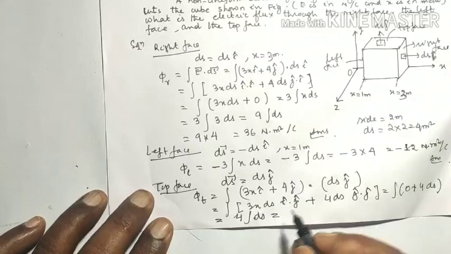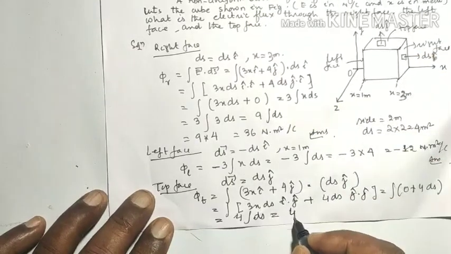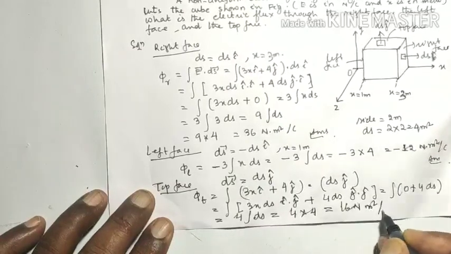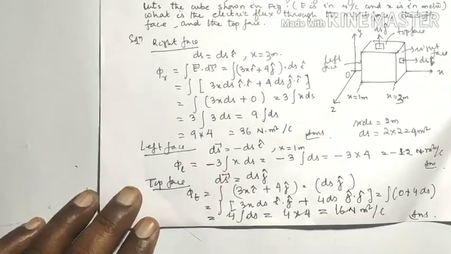Integral ds is area of the top face, which is also 4, so 4 into 4, that is 16 Newton square meter per Coulomb. Thank you.